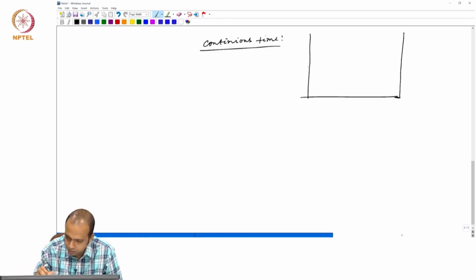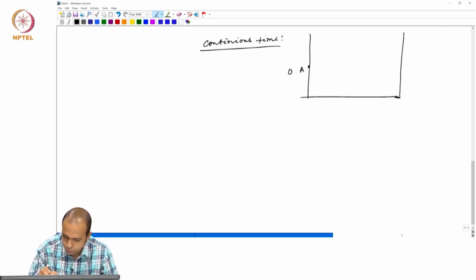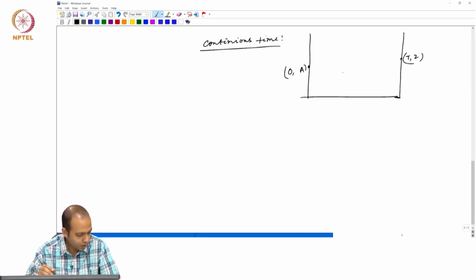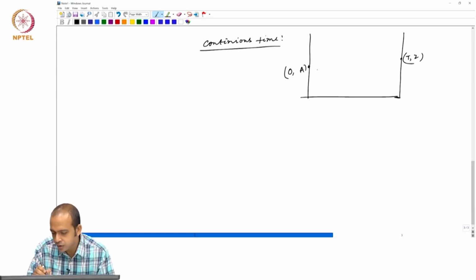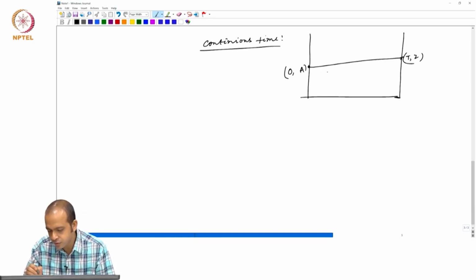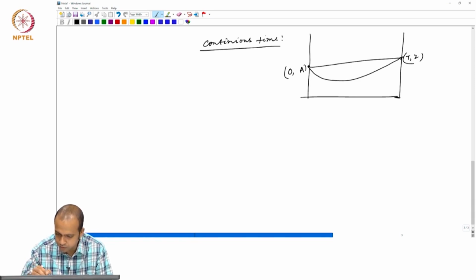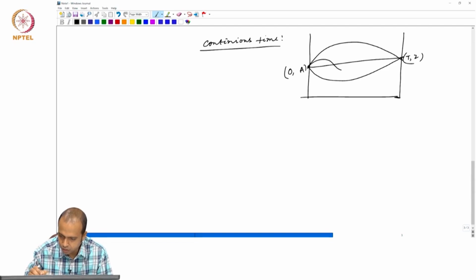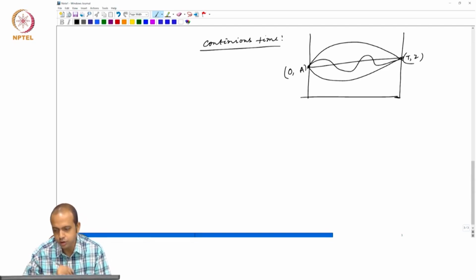So, you are here, at 0A, and you will reach here, TZ. Either you can travel directly from here, or from here, or let us say here.